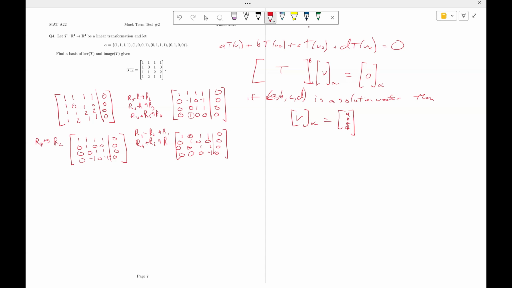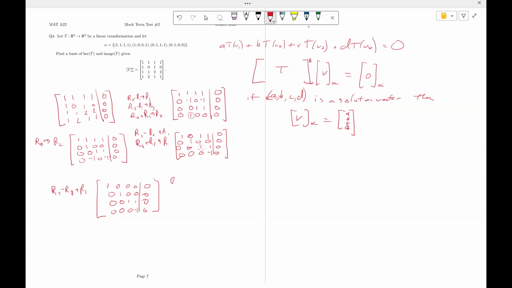Okay, now this is my next pivot entry. I'm going to use it to zero out my first row. R1 minus R3 replaces R1, gives the matrix 1, 0, 0, 0, 0, 0, 1, 0, 0, 0, 0, 0, 1, 1, 0, 0, 0, 0, minus 1, 0.